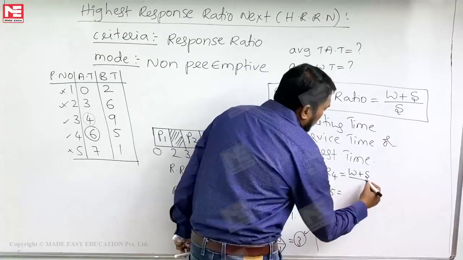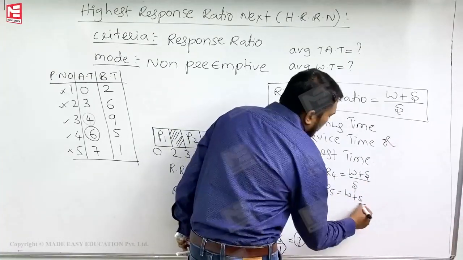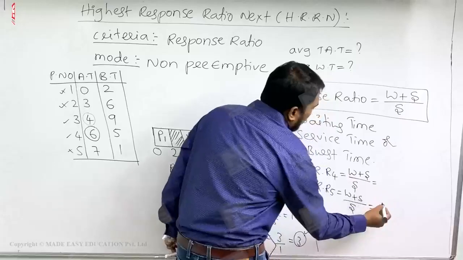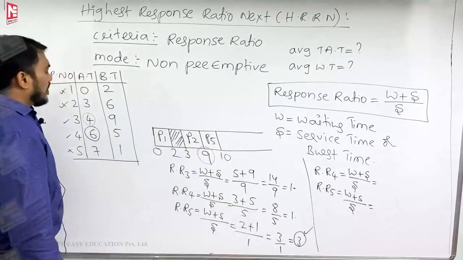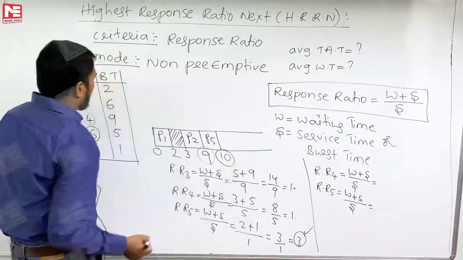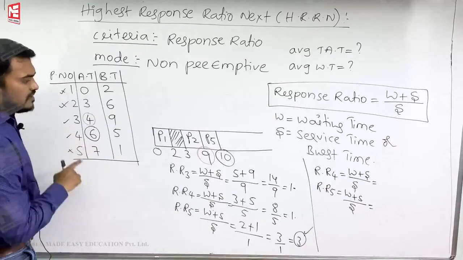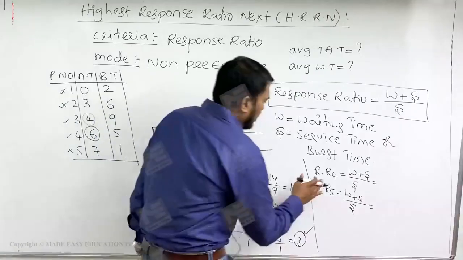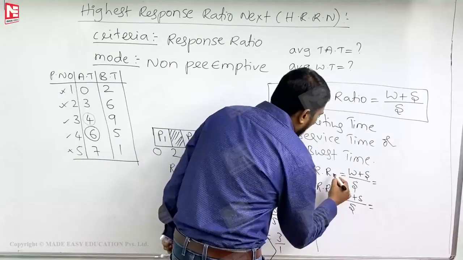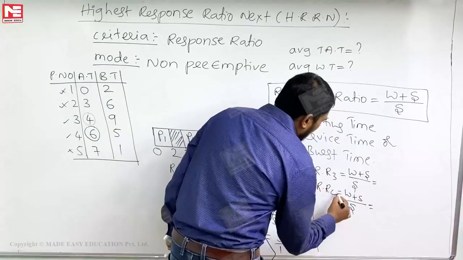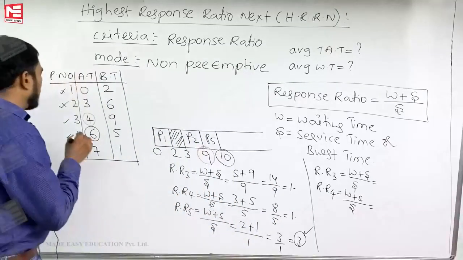Same formula, W plus S by S. So let's calculate that. Now present time is 10. Now tell me the waiting time of P3. Okay, what is pending now? P3 and P4. So we have to decide between these two, right?